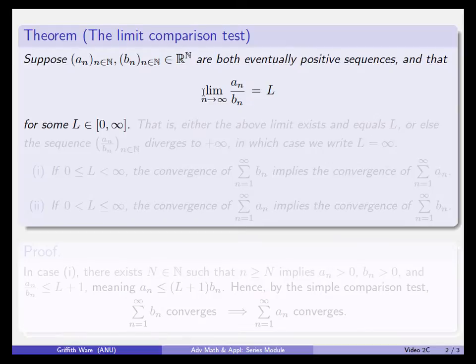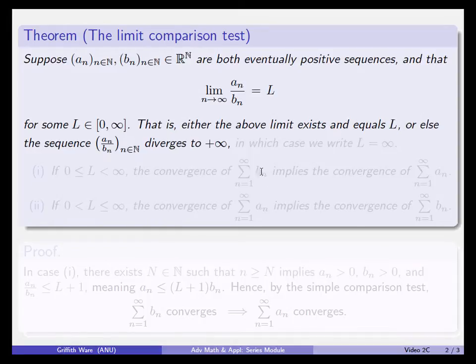We say the limit as n tends to infinity of an divided by bn equals L for some L in the interval 0 to infinity, where infinity is a permitted value for L. So what this is saying is that either this limit actually exists and equals the real number non-infinity value L, or else the sequence diverges to positive infinity.